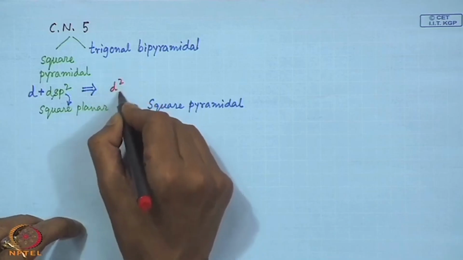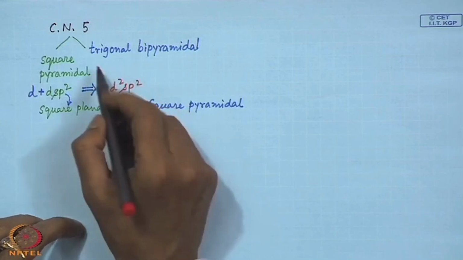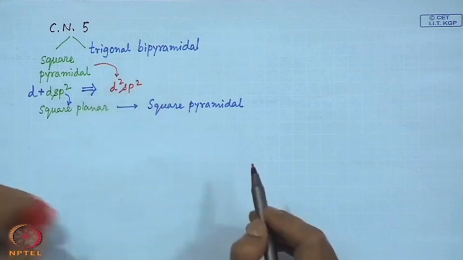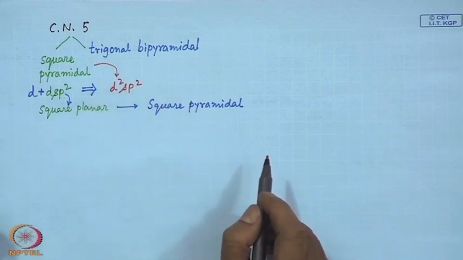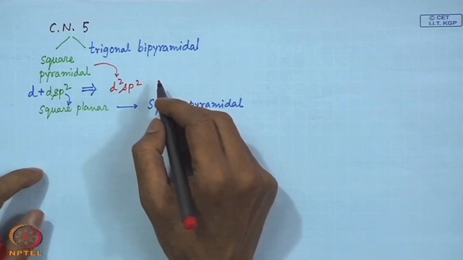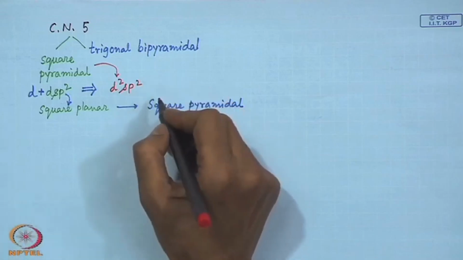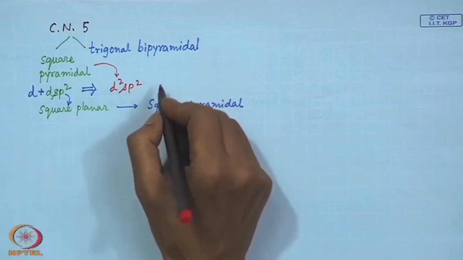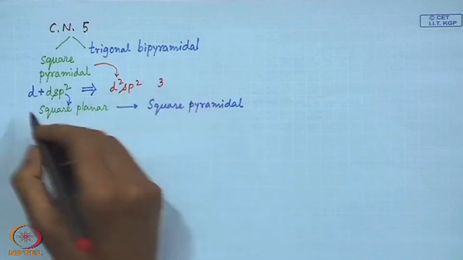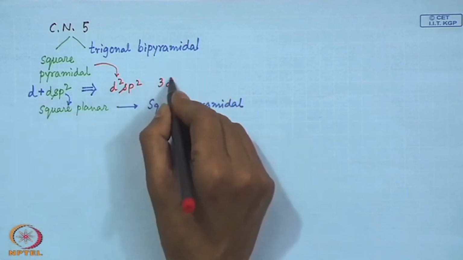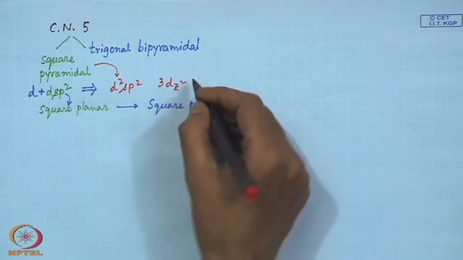we will have d2sp2 hybridization. So in case of d2sp2 hybridization, we will be utilizing one more d apart from the dx square minus y square. So the new d will be 3d z square.